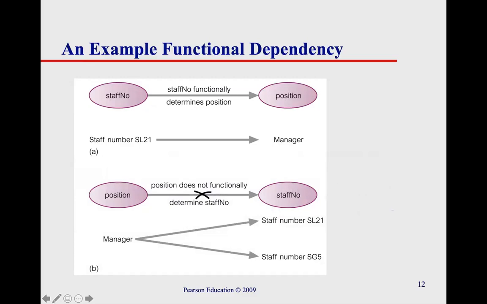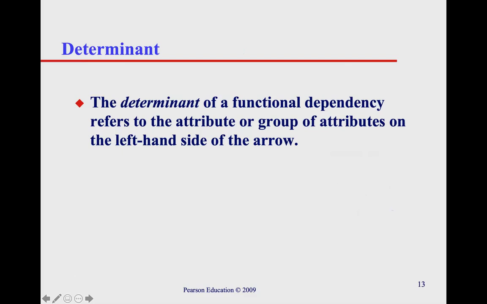A staff number uniquely determines the person's position, but the position does not uniquely determine the staff number. So you can't go the opposite way with that functional dependency. And you're going to hear us use the word determinant to refer to the left-hand side of an arrow.